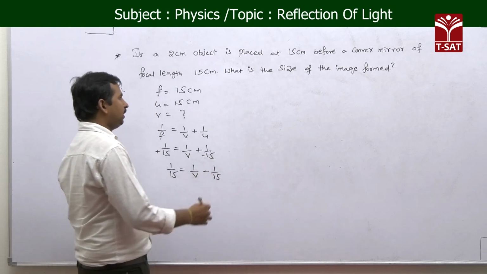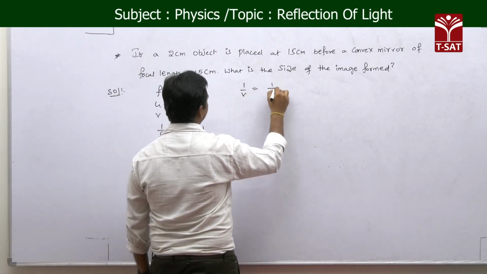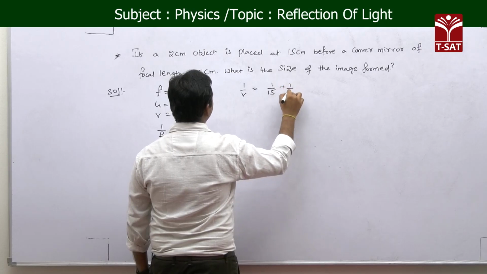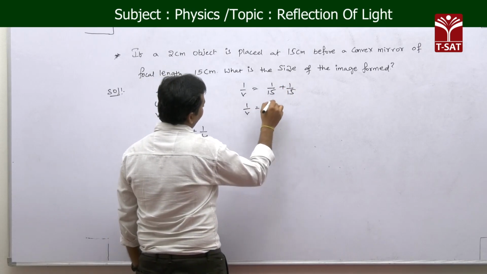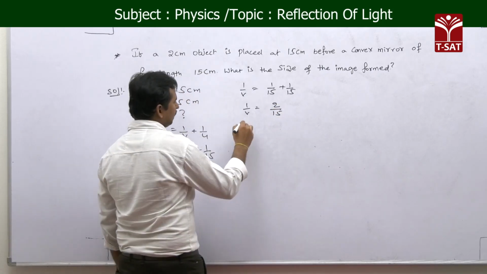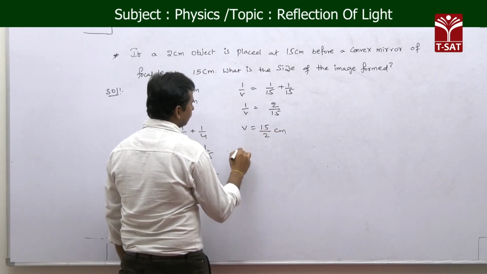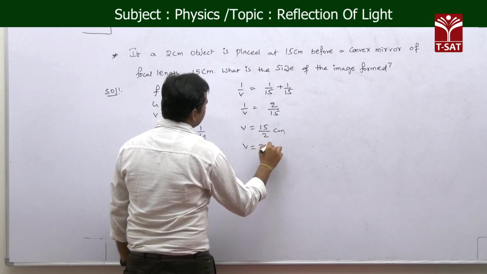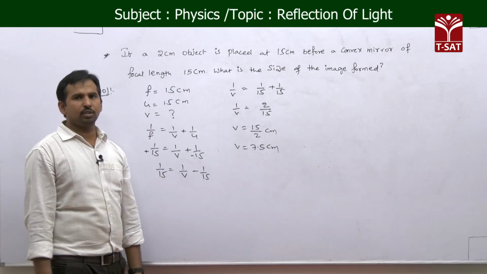Then 1 by v is equal to, if you bring this minus this side, then becomes plus, 1 by 15 plus 1 by 15. If you add that, it becomes 2 by 15. Then v is equal to 15 by 2 centimeters, which means v is equal to 7.5 centimeters. That is the image distance we got.